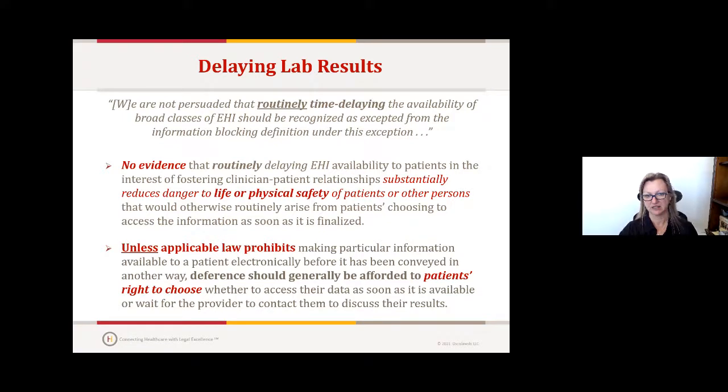And the patient who's asking for a copy of their lab results could be devastated and could potentially harm themselves if they get a lab result without some context. And so it's our process to allow the clinician to explain these lab results and act as a buffer, rightfully so, in that clinician-physician relationship.